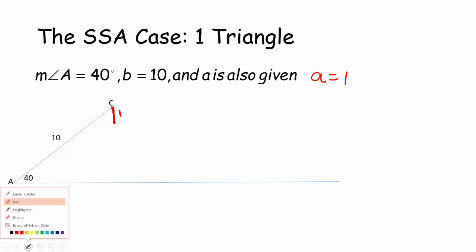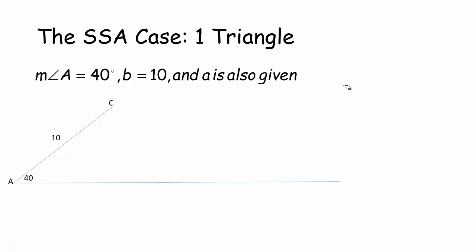So what I want to think about is, if side A is given in this scenario, what is the smallest that side A could be to complete a triangle? If I was to draw side A from vertex C here, the shortest distance from this point to side C would be if I made side A perpendicular to side C. That would be the shortest distance from vertex C all the way down to side C. What would that make side A?